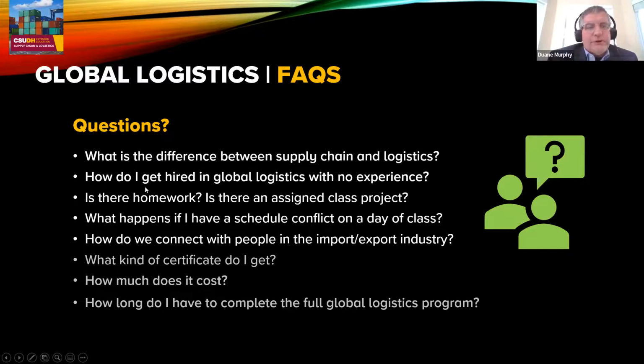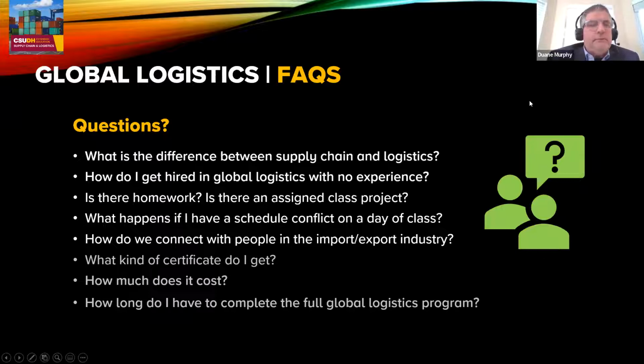Logistics is primarily concerned with transportation and customs compliance and regulatory compliance as it pertains to transportation. Logistics also includes 3PL warehousing, e-commerce fulfillment, transload, that kind of thing.